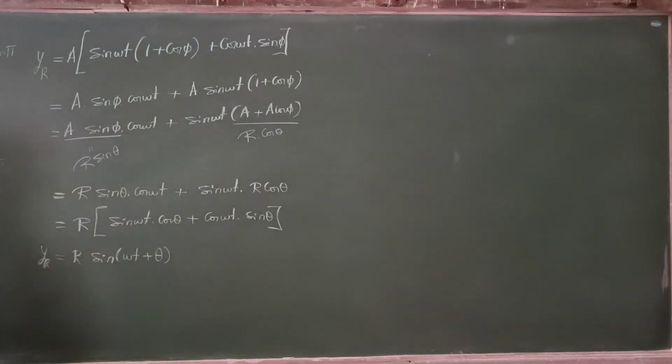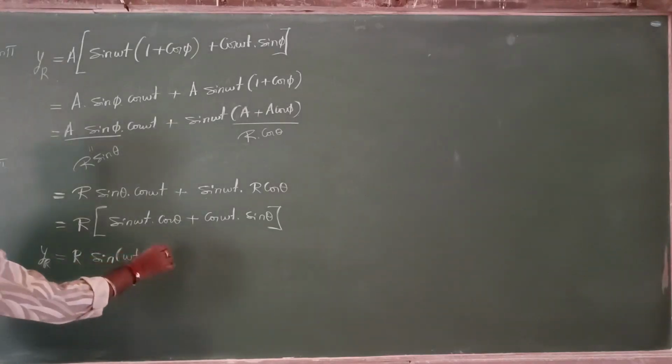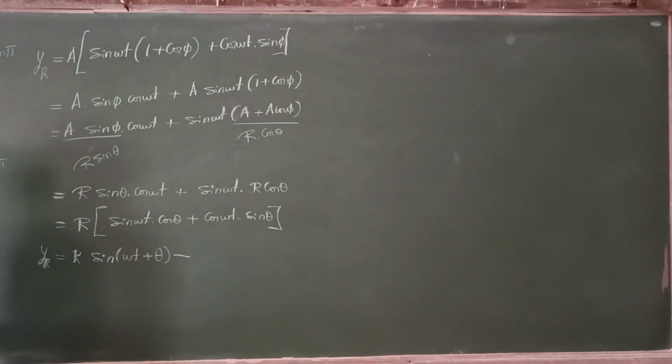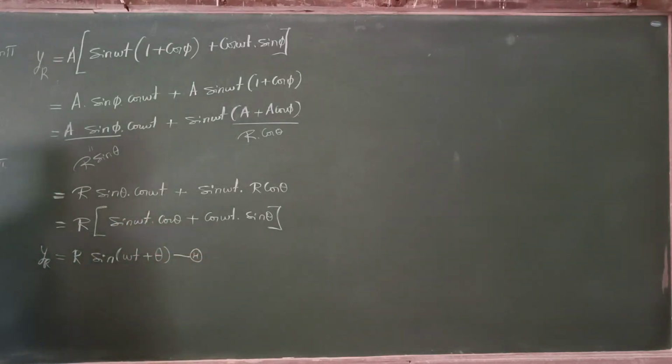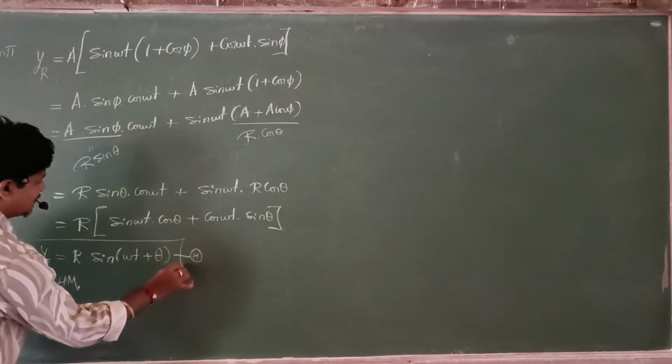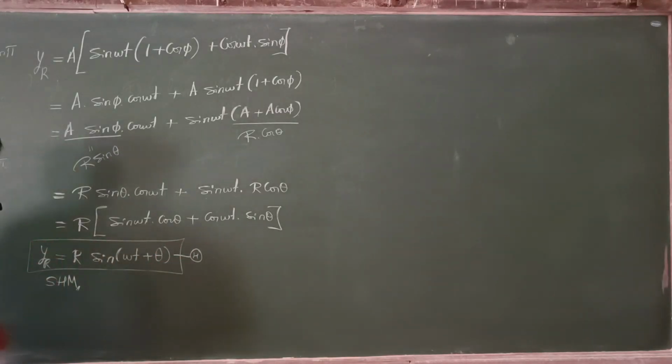This is what we call the resultant displacement, and this is equation number 4. So this equation represents a simple harmonic motion, SHM as we call it. That is, y is equal to r sin omega t plus theta. This equation represents the simple harmonic motion.